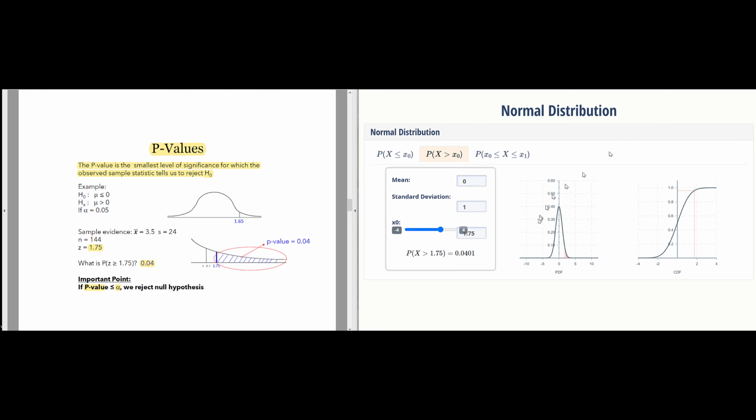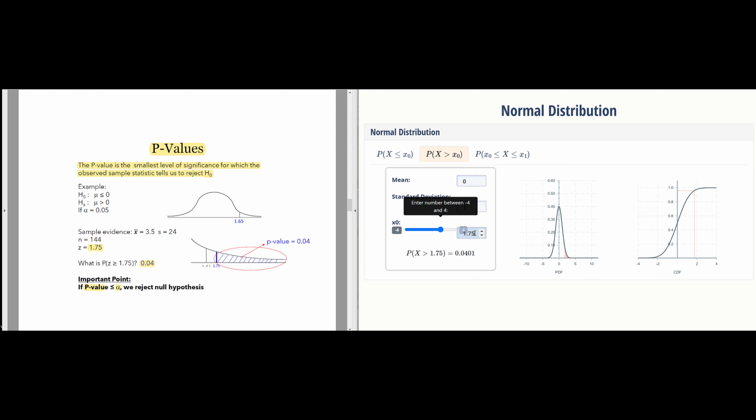Okay, now I've just realized that this p-value 0.04 may seem like it just fell from the sky. Let's see where we got that from. We computed our z-score of 1.75, and if I pull up my normal distribution widget and set the mean to 0, standard deviation to 1, this is a z-score, so we're looking at a standard normal distribution.